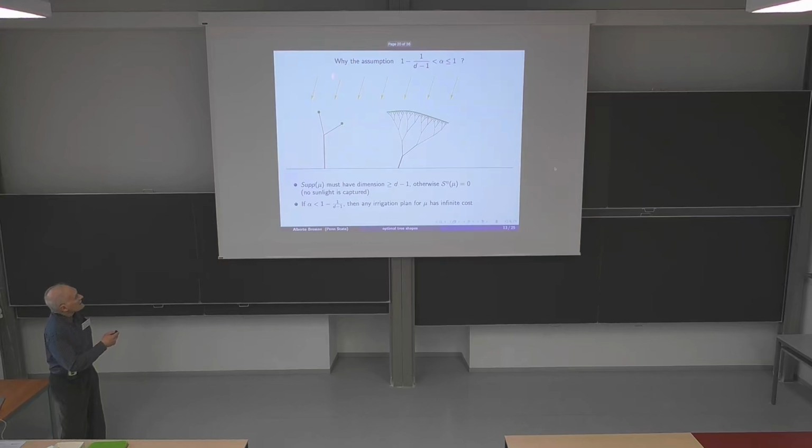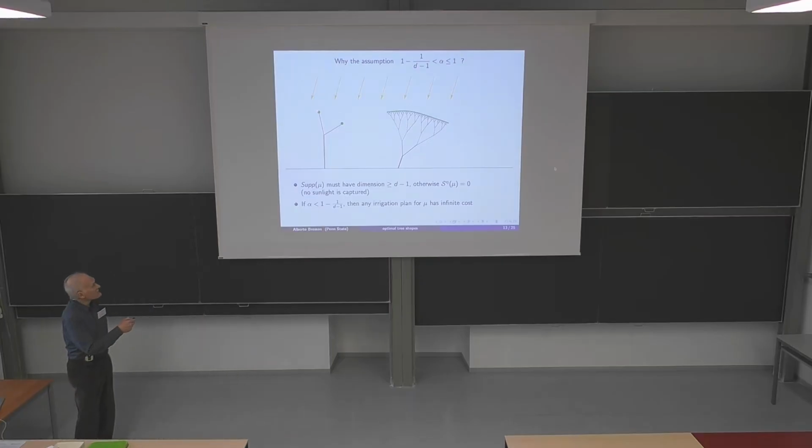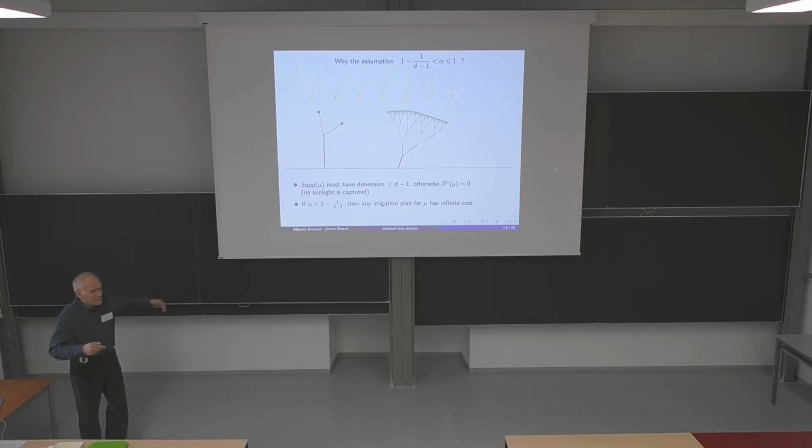Why is this assumption here? Well, there are two constraints. First of all, for the sunlight functional, the distribution of the measure must be at least d minus 1 dimensional. Because, for example, if I put the measure just at 2 points, it collects 0. On the other hand, if it's too spread out, the cost of irrigating this becomes infinite.